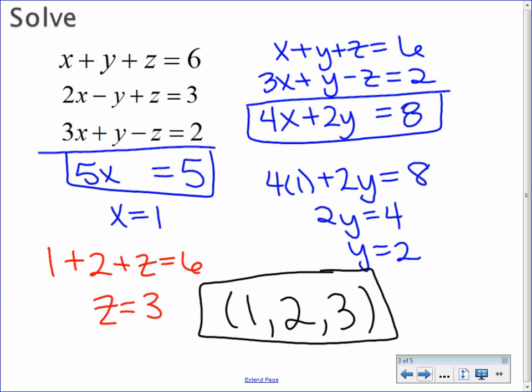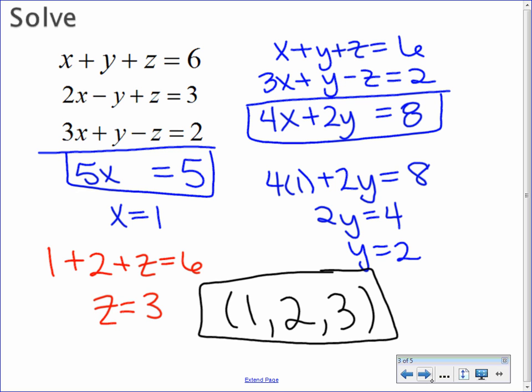Okay. Can we check our answer? We can always check our answer. Isn't it nice knowing that you did it correctly? So 1 plus 2 plus 3 equals 6. Let's check this one. What is 2 times 1? Minus 2. Plus 3.